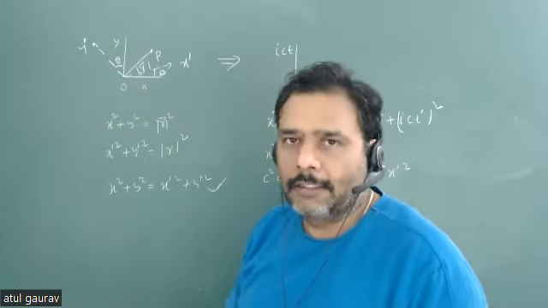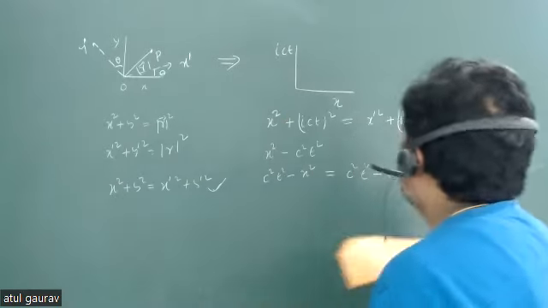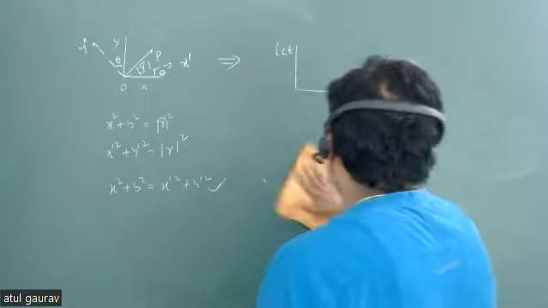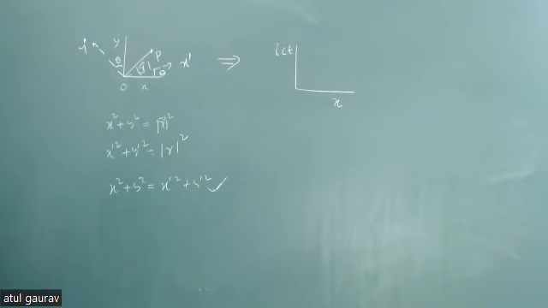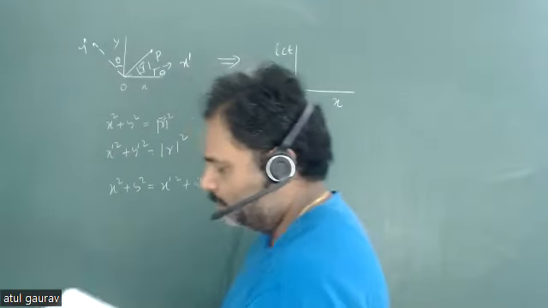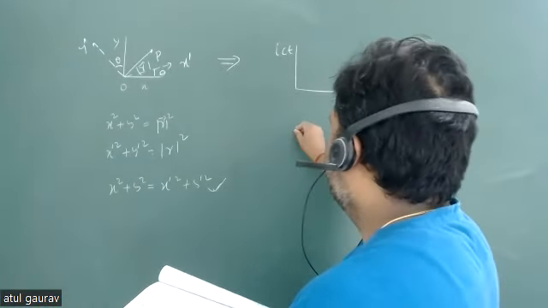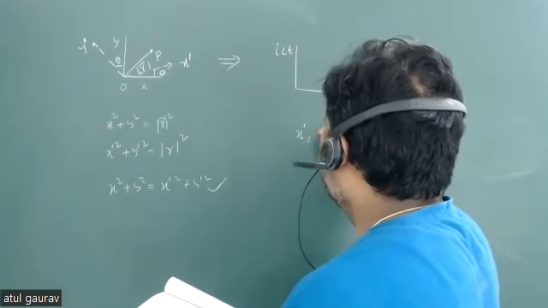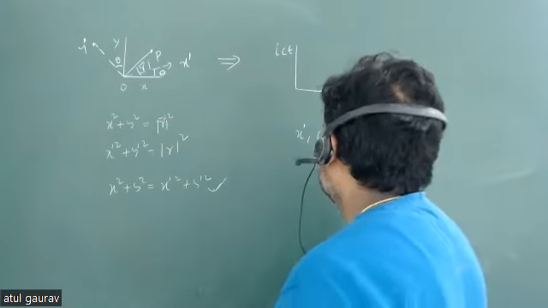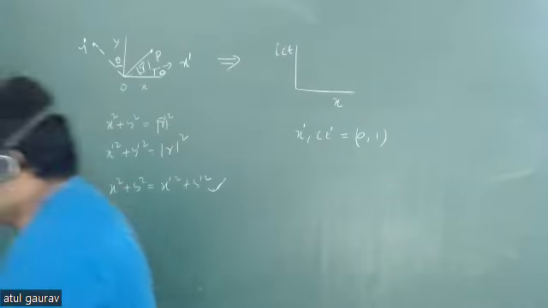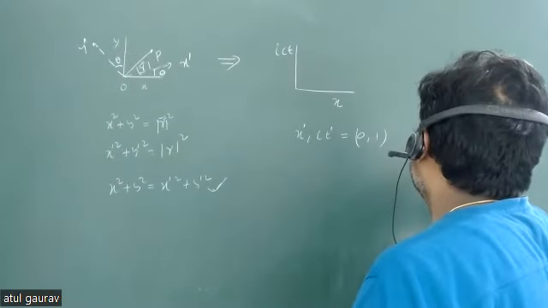So let's see what is going to happen. We are going to do a beautiful exercise and then see what we get in general. Okay, let's try to do this. Suppose you have x dash and ct dash equal to 0 and 1. Suppose this is your 0 and 1, then what is your value of x and ct?